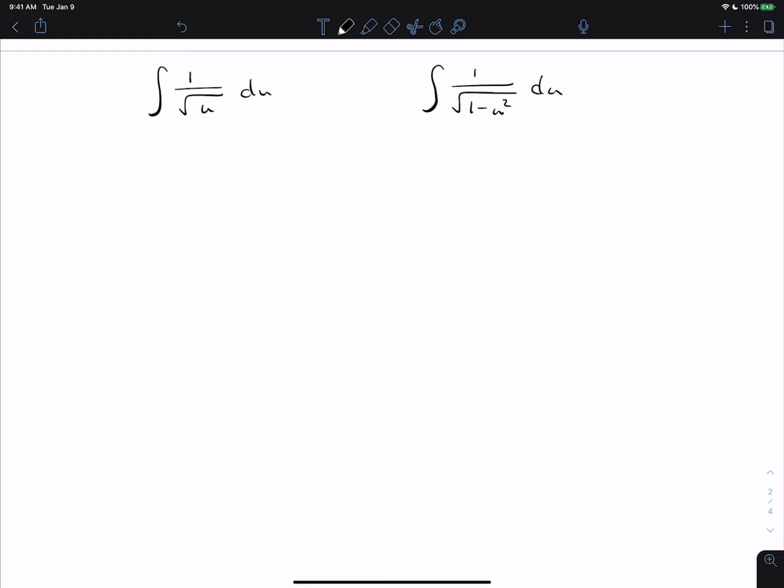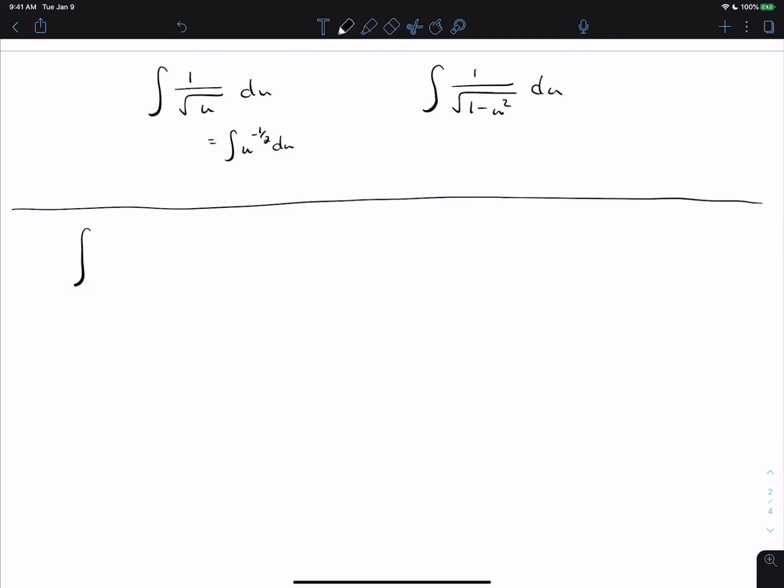The one on the left is technically not a basic form, but you can immediately rewrite it as u to the -1/2 to make it a basic form. And so a similar thought process occurs as to which one works. So if I'm doing this problem, let's do.